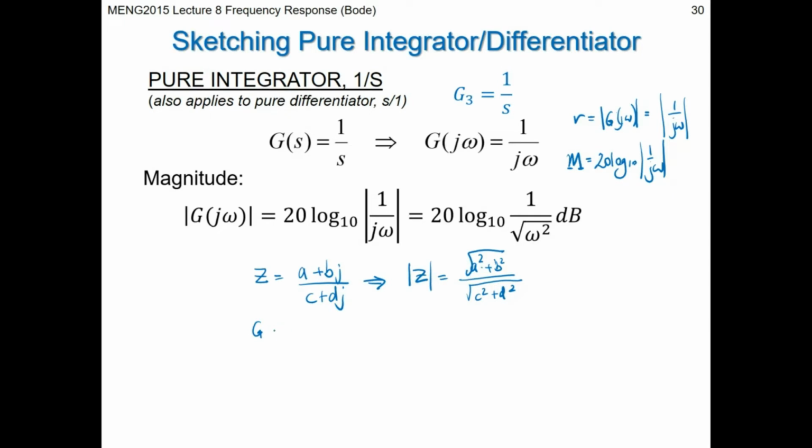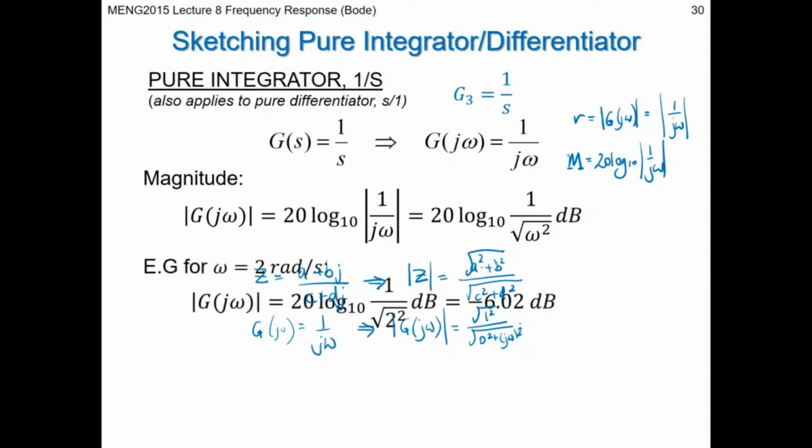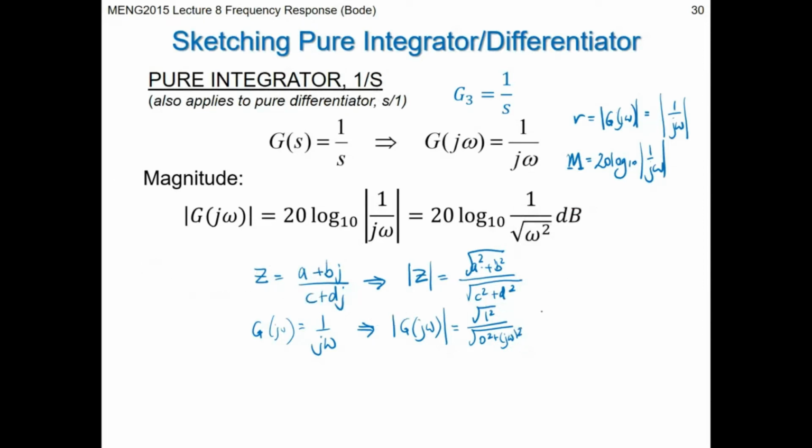So if G equals 1 upon j omega, then the magnitude of G(j omega) is going to be root of 1 squared over the root of 0 squared, because there's no real part, plus j omega all squared.